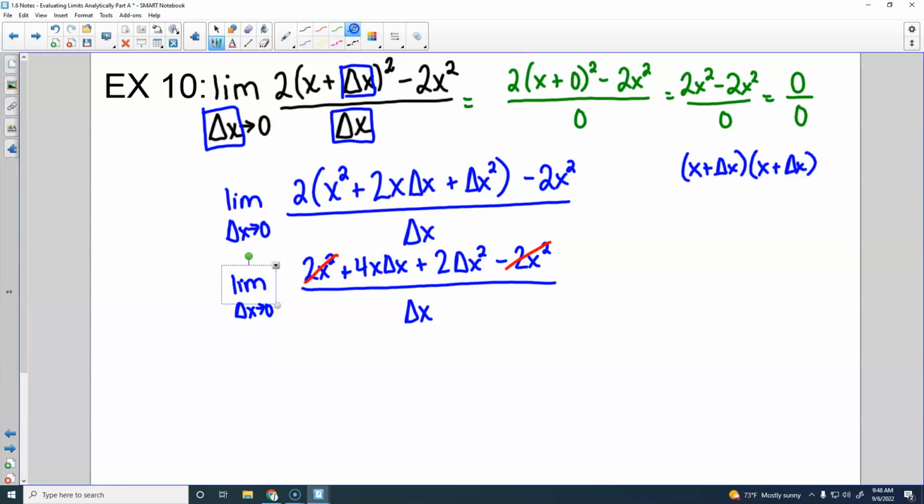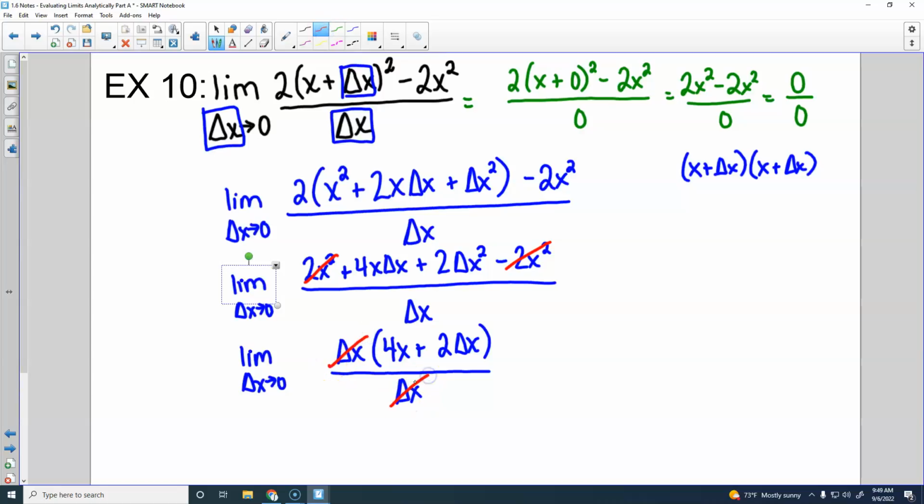A delta x. I can take a delta x out. So I'm going to do the limit as delta x approaches 0 of delta x times, so I'm taking away a delta x, that's going to leave a 4x plus 2 delta x, because since that's delta x squared, there's 2 of them, we're only taking one of those out, over delta x. What can happen now?